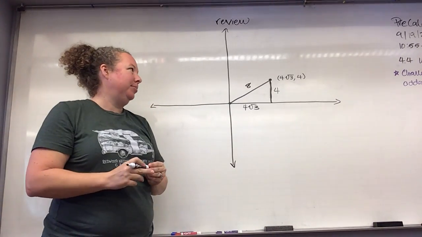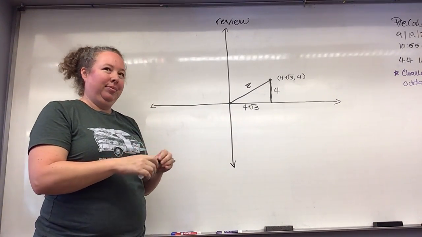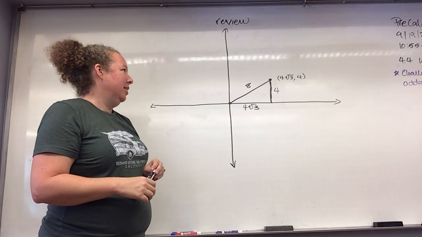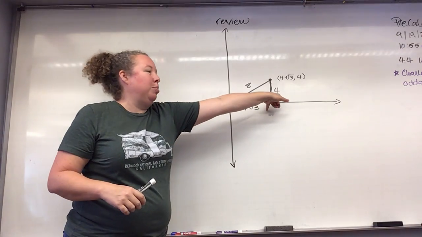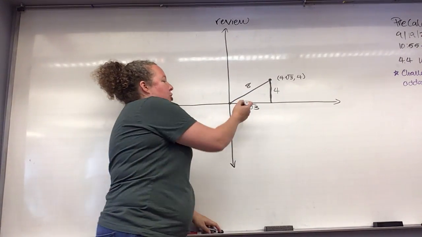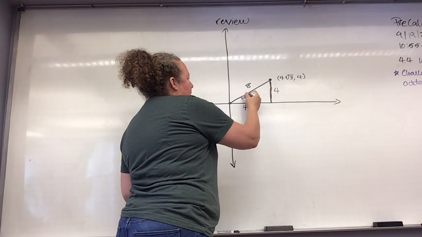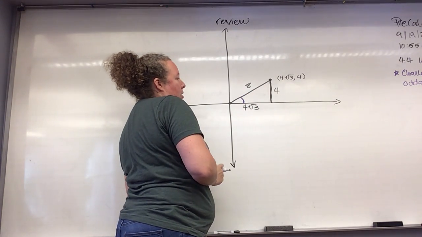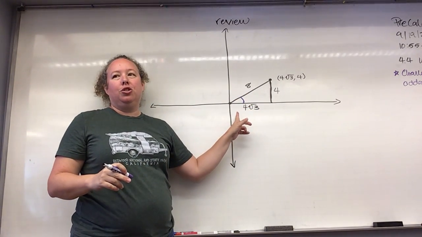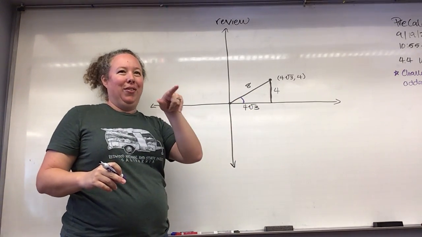Because the opposite is half of the hypotenuse. Yes, when this proportion is in effect. And what is the measure then of this angle going to have to be? These are the proportions of which triangle? Yes, go ahead, Miles.